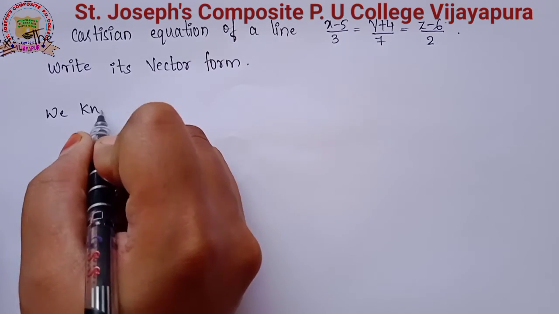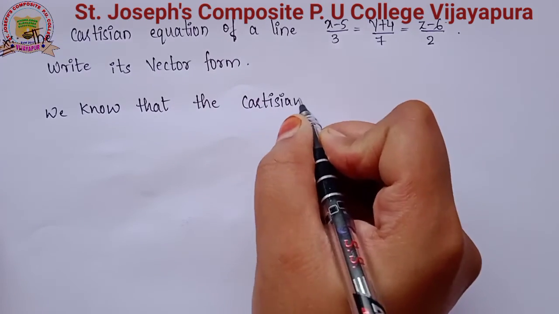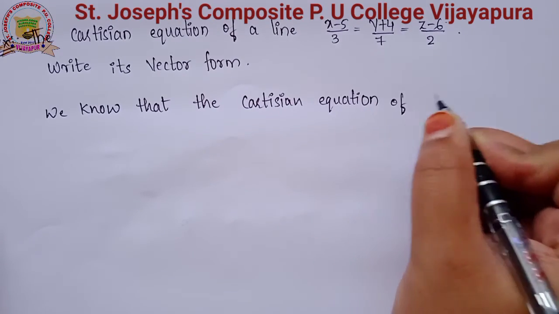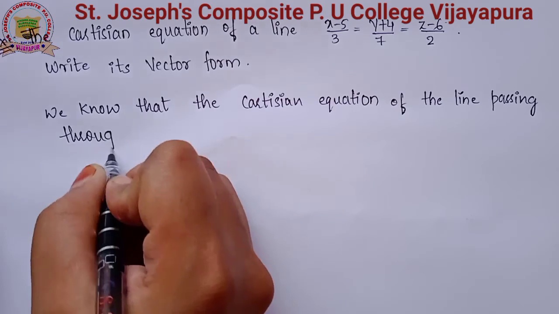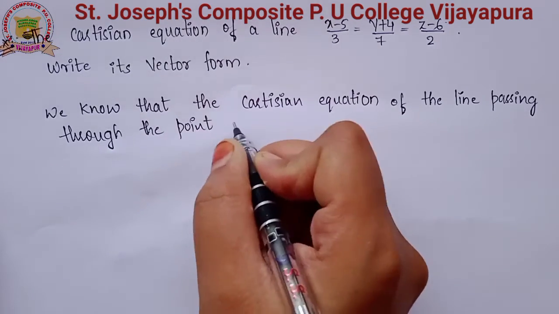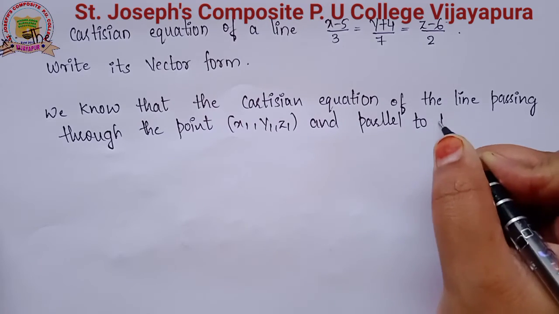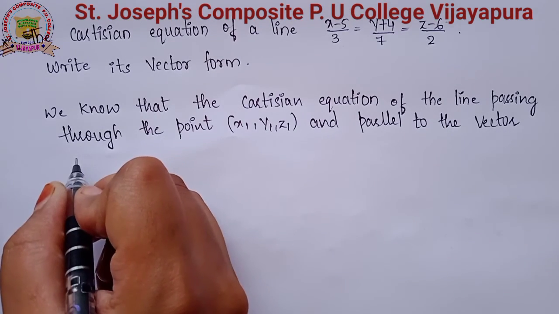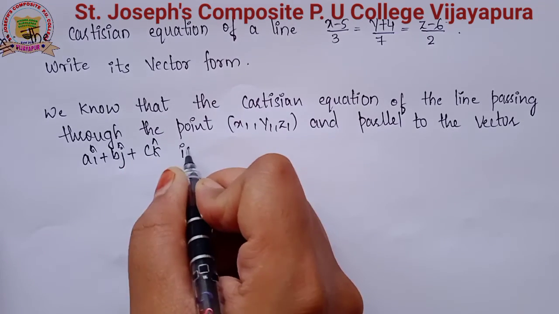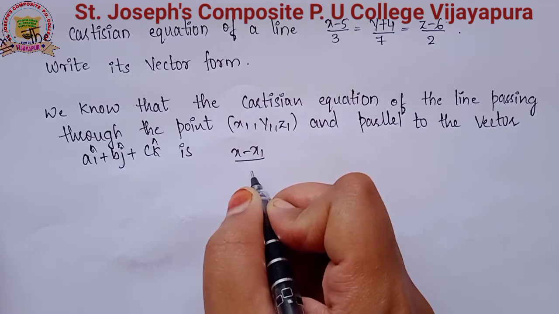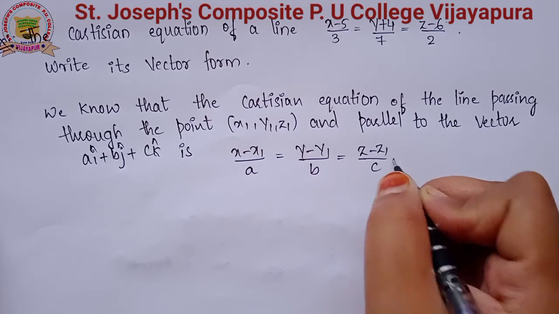We know that the Cartesian equation of the line passing through the point (x1, y1, z1) and parallel to the vector ai plus bj plus ck is (x minus x1) by a is equal to (y minus y1) by b is equal to (z minus z1) by c.